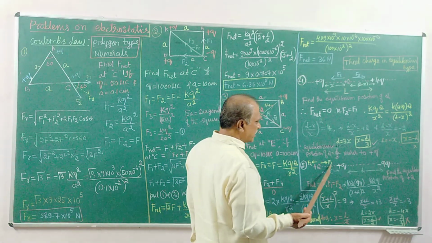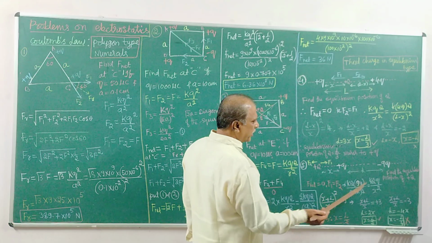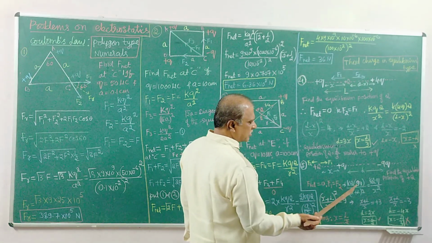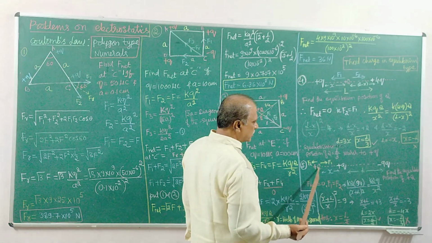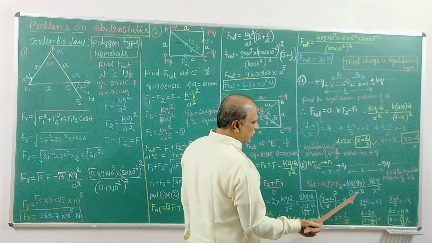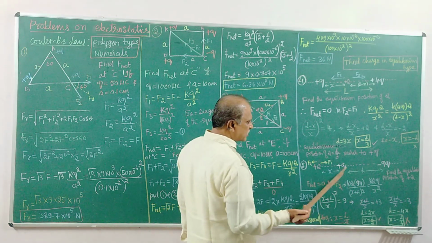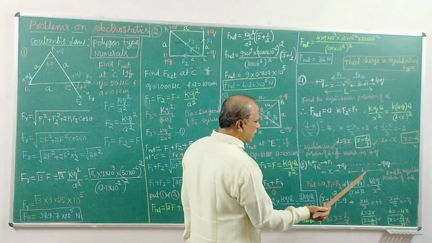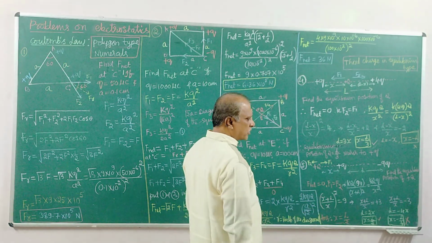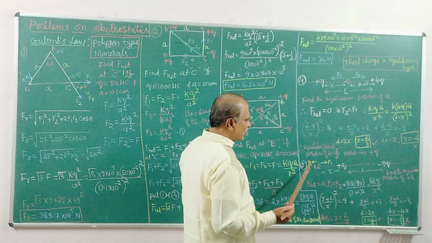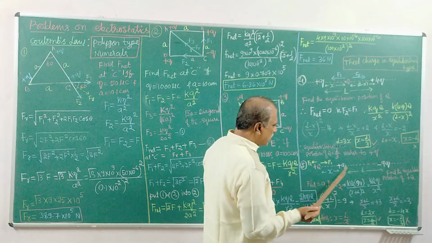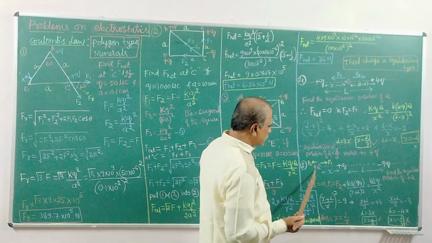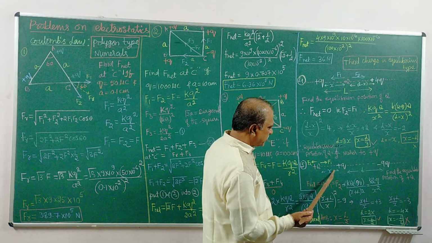F1 is equal to K Q into 9Q, we should not take the minus and plus here, just multiply, Q into 9Q, divided by the distance of separation, L plus x, whole square. And what is F2? Again K into Q into Q, where the distance of separation is x square.